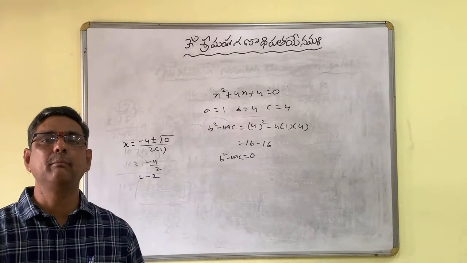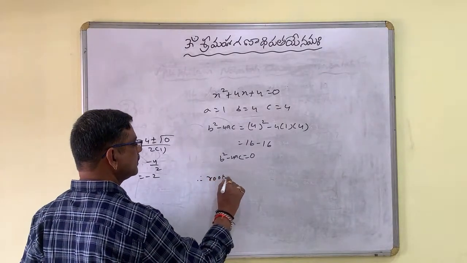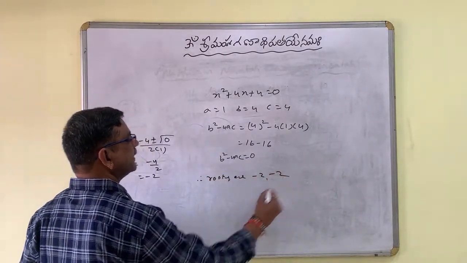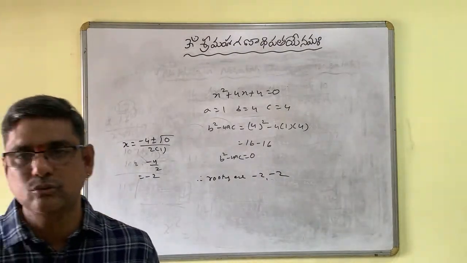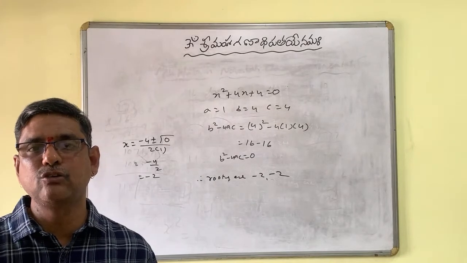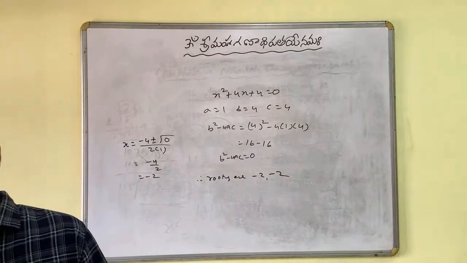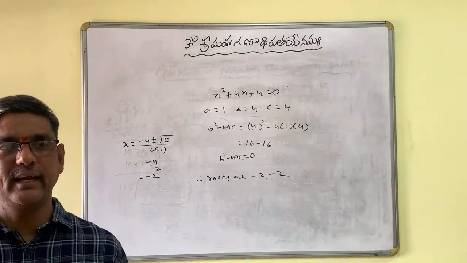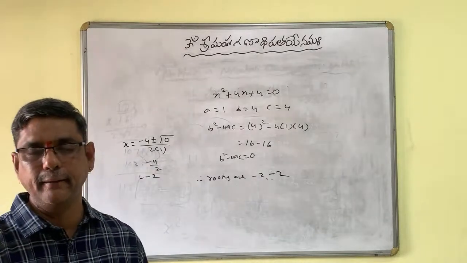Real and equal means roots are minus 2 comma minus 2. అలా తీసుకోవాలి. అదే ఒకటే ఉంది సార్, quadratic equation కి రెండు రూట్లు ఉంటాయి కదా, ఒకటే వచ్చింది అంటే, రెండోది కూడా అదే. Same roots, real and equal roots. That is what you have to understand.